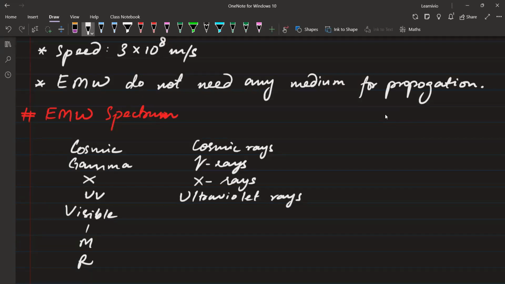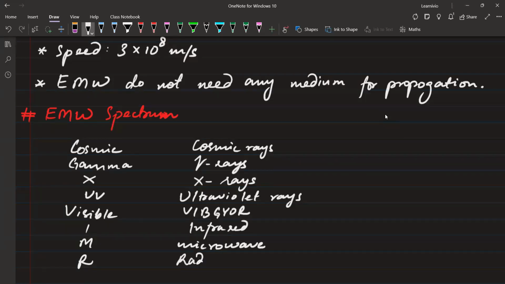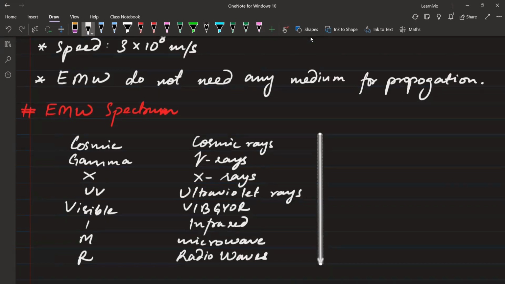Visible contains VIBGYOR: violet, indigo, blue, green, yellow, orange, and red. I is infrared. M is microwave. And R is the radio waves. In the sequence in which I have written these, from cosmic to radio waves, the frequency decreases.